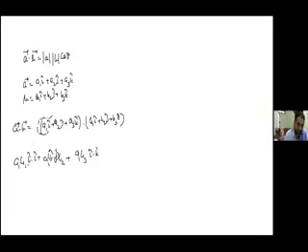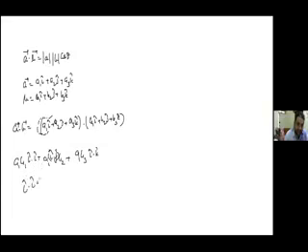Come on. 8i plus 3j minus 2k. We're going to get 8i plus 3j minus 2k. Correct? Yes, sir. Very good.